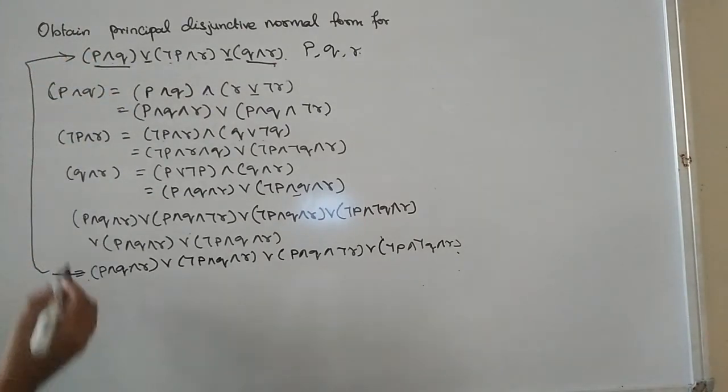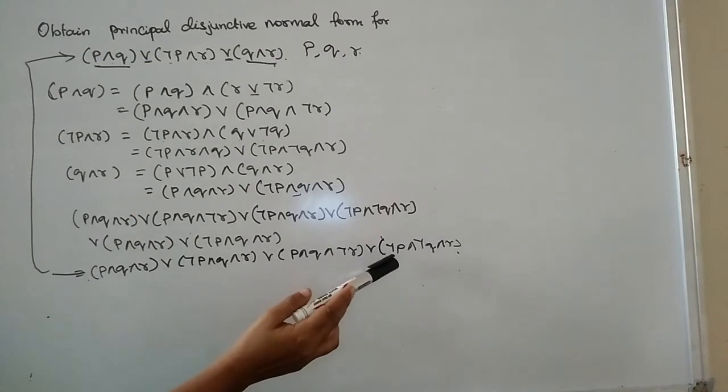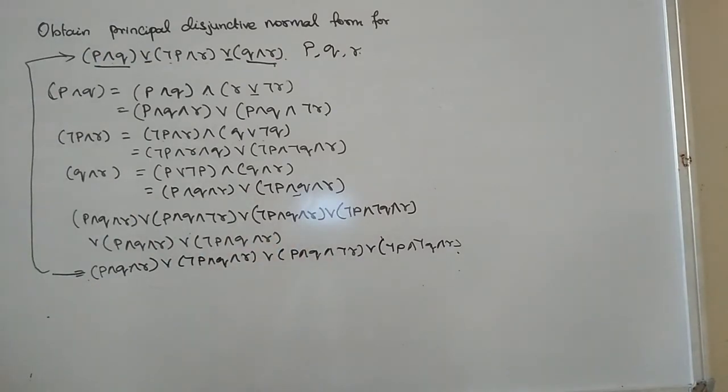When you look at this equivalent formula, each term is a min term. What is the definition we saw in the earlier video? For a given formula, an equivalent formula consisting of a disjunction of min terms only is known as its principal disjunctive normal form.